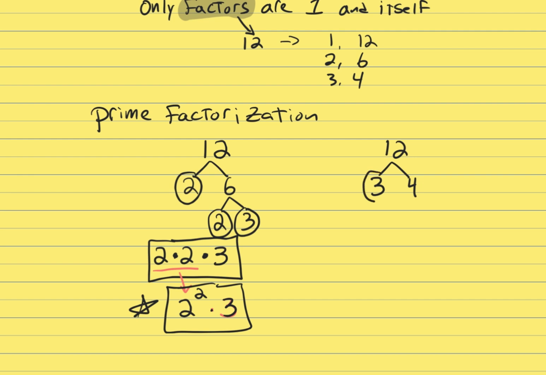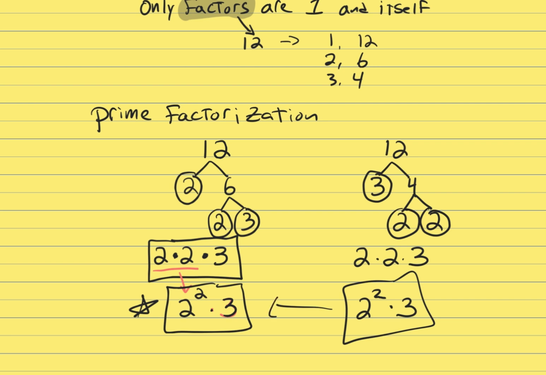Well, if you notice, the 3 is still prime. 4 isn't. 4 I have to break down into 2 times 2. 2 and 2 is prime. All of my things are now circled. So this becomes 2 times 2 times 3, which is 2 squared times 3, which is exactly the same thing as I had before. And that's okay. And that's what should happen.